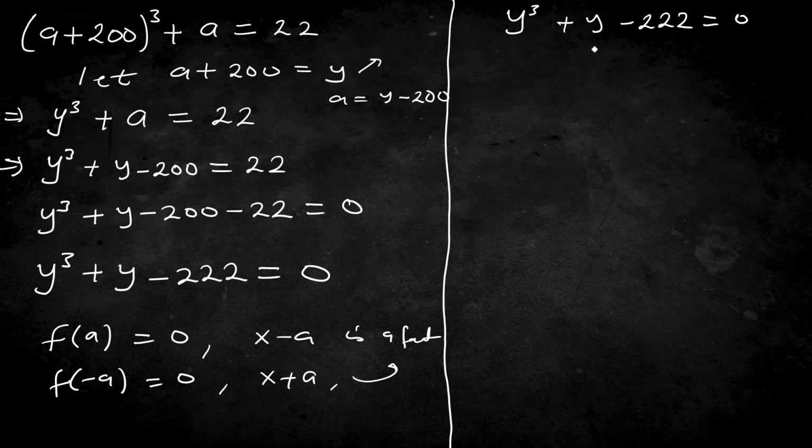All right, so it means f of 6 is 0, so we have y minus 6 as the first factor. So let's go to the division process as we find the second factor.